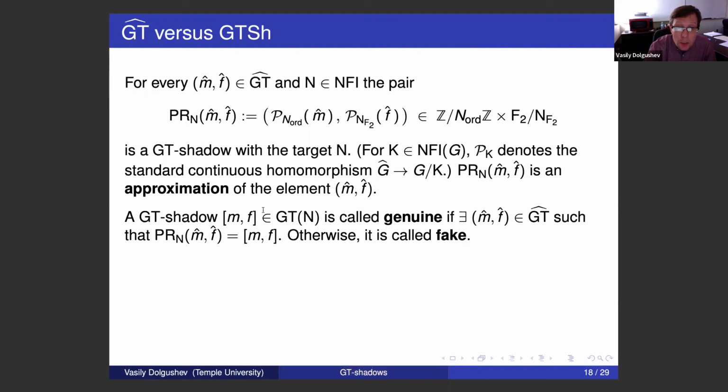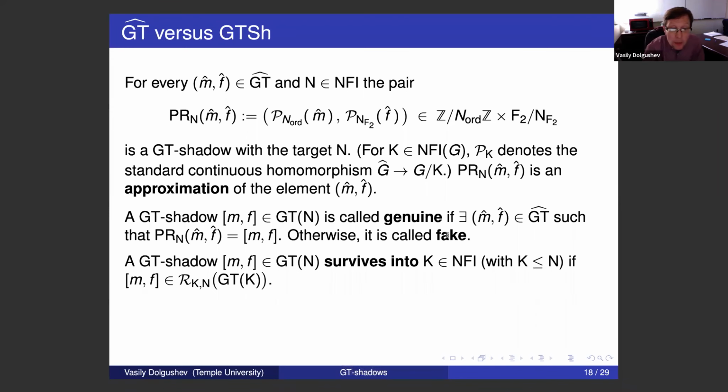A GT shadow is called genuine if there exists an actual element in GT hat such that its approximation for level n is that GT shadow. Otherwise, the GT shadow is called fake.